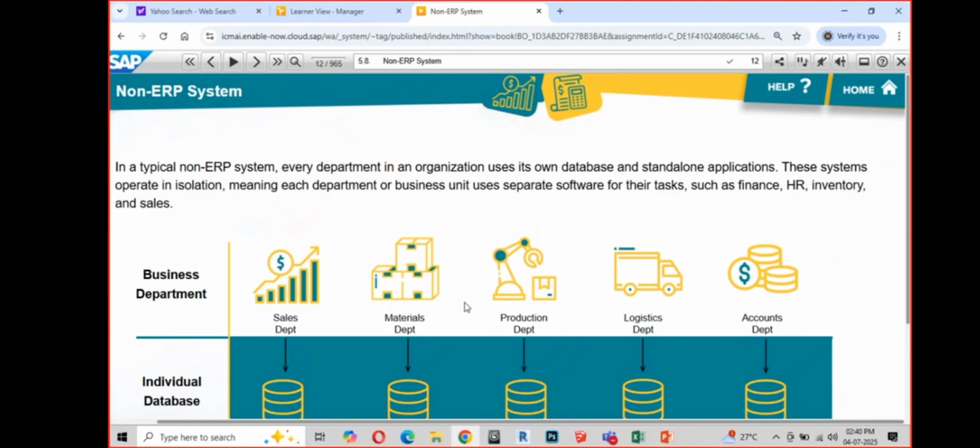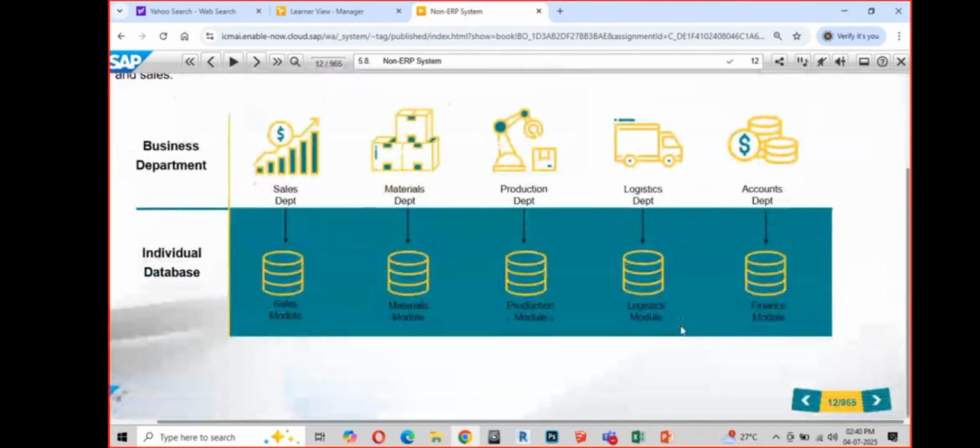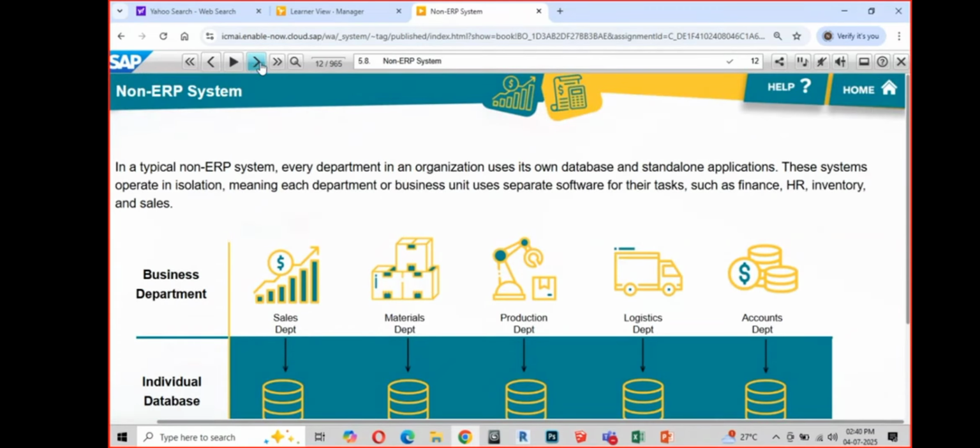As I said, you can move to the next slide also by clicking on this. What happened? So we have seen all these advantages of ERP. Why isn't the slide uploading? What happened?